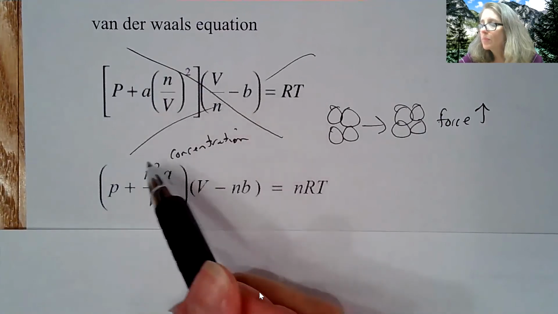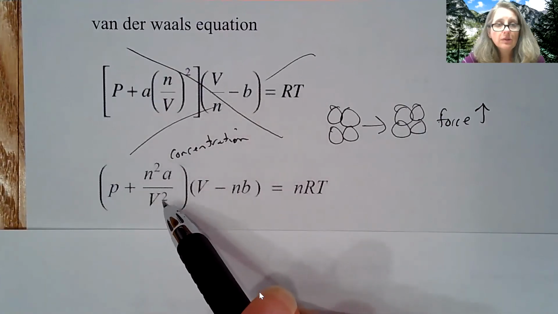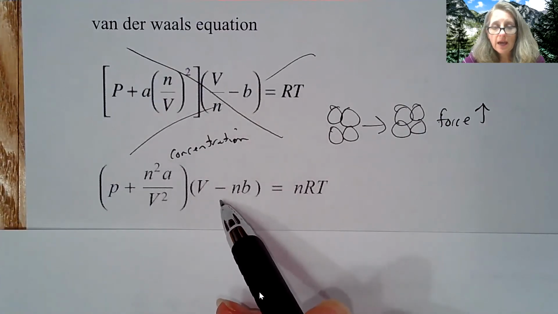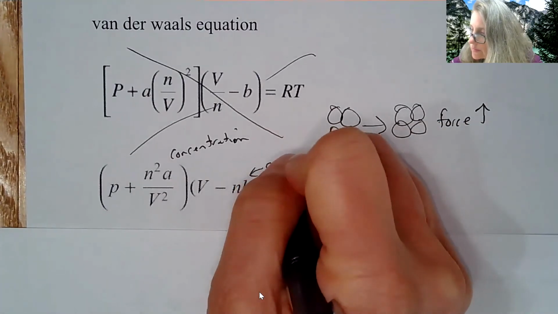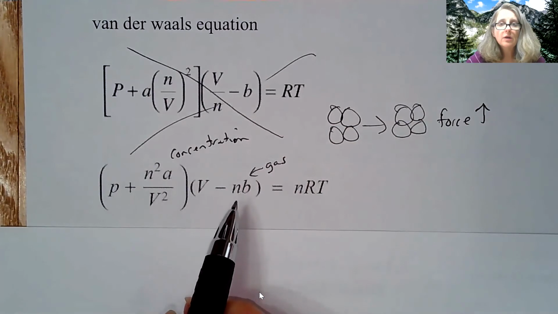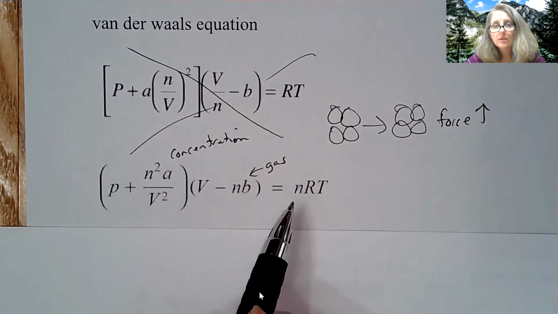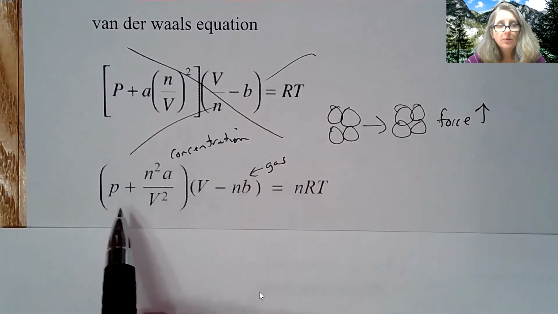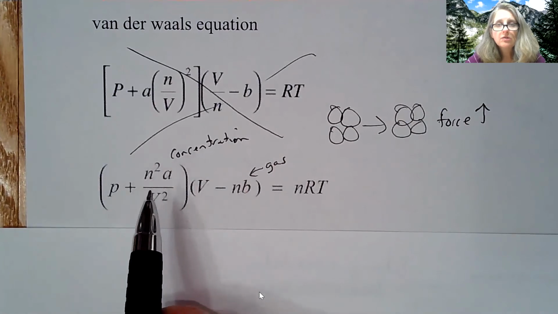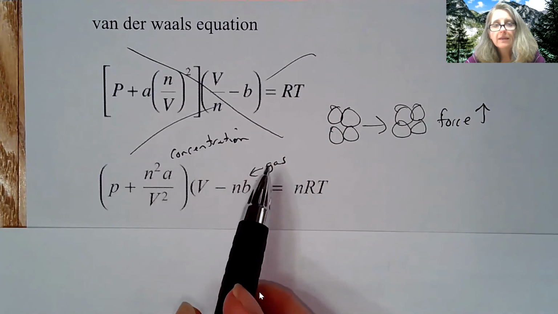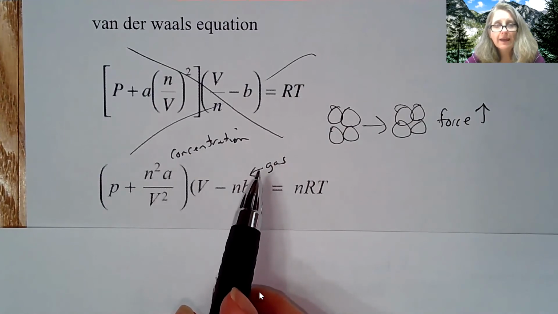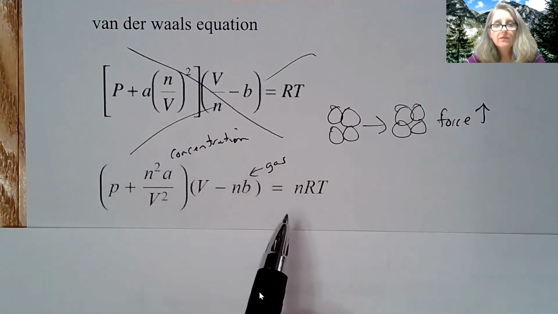That is why pressure is essentially affected by concentration. And then this is your volume, the gas volume that you're subtracting from the overall volume of the container, is equal to nRT. So the pressure is affected by concentration, that's the attractive forces. The volume is affected by the gas volume, subtracting that out. This is called the van der Waals equation.